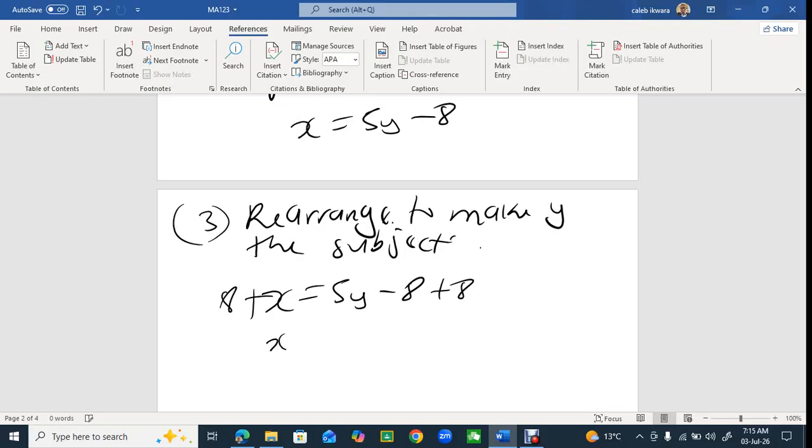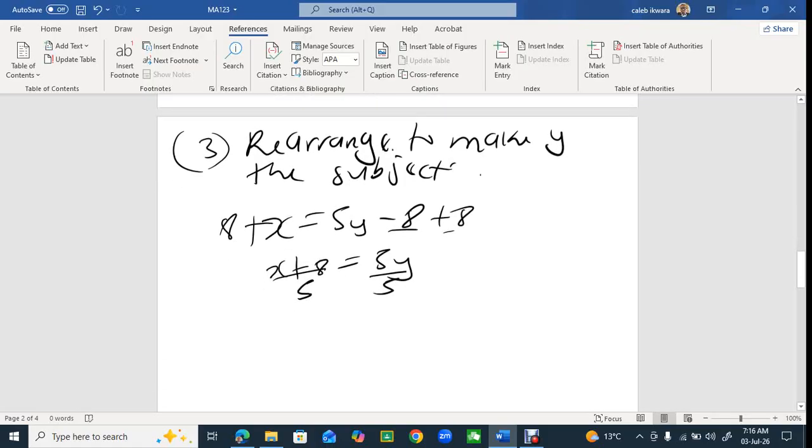So now it will be x plus 8 equals to 5y, because minus 8 plus 8 will give us 0. Then to remove the 5, we divide both sides by 5. So in this case, our f inverse of x will be y equals to x plus 8 all over 5. Well done.